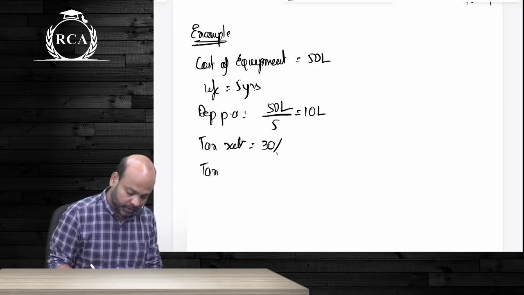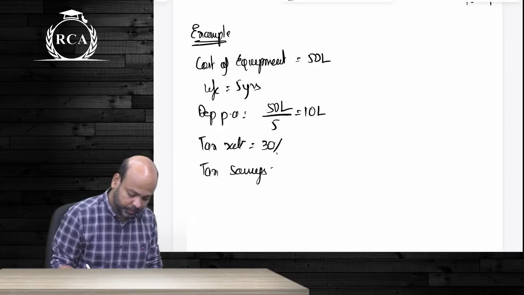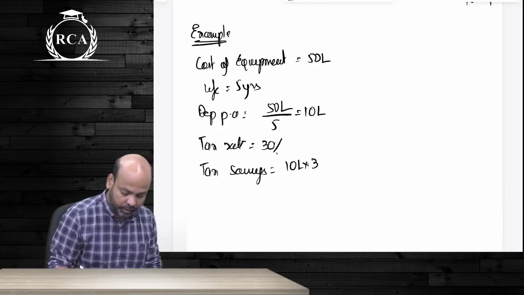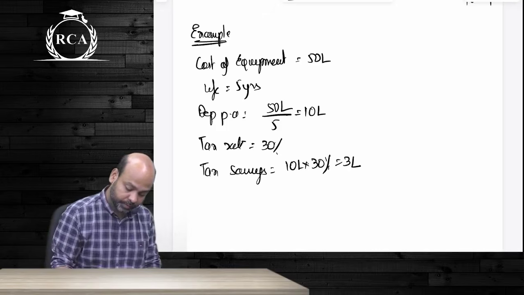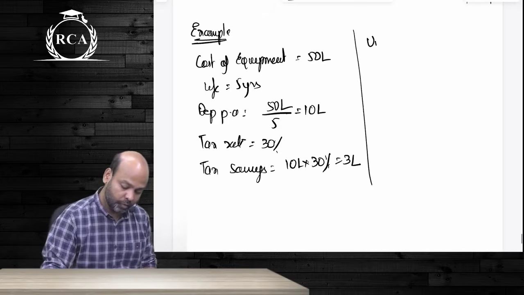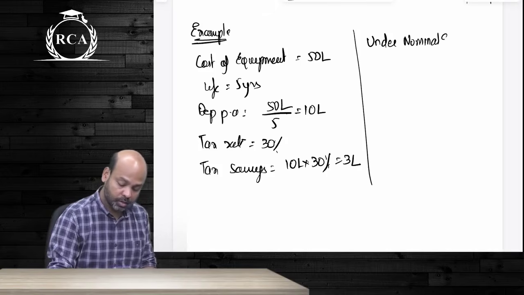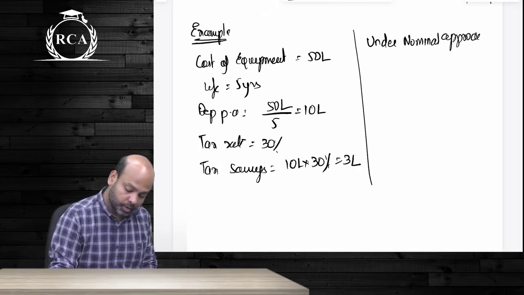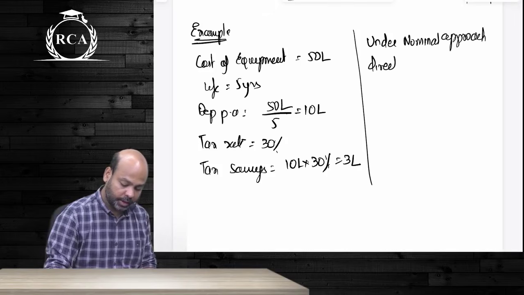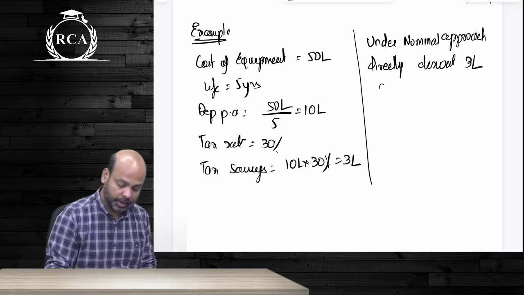So tax savings will be equal to 10 lakhs into 30%, 3 lakhs. What will you do, guys? Under nominal approach, directly discount 3 lakhs at nominal rate.